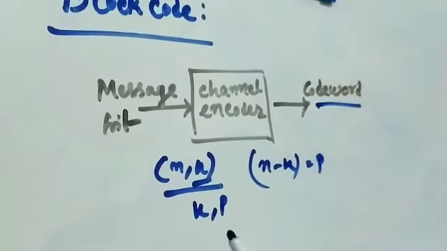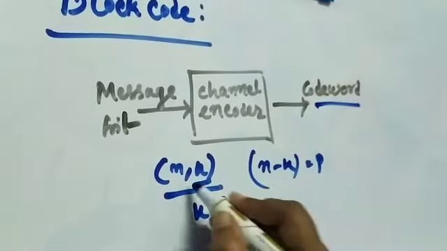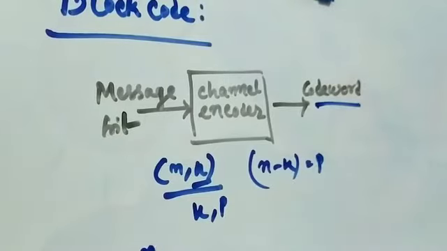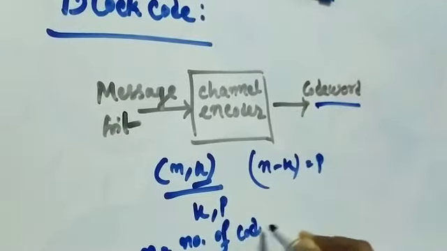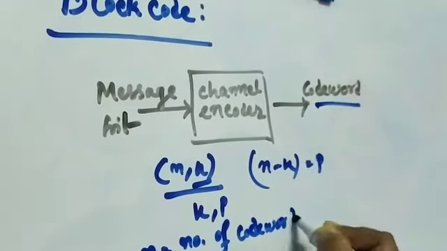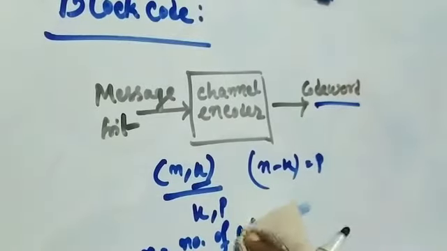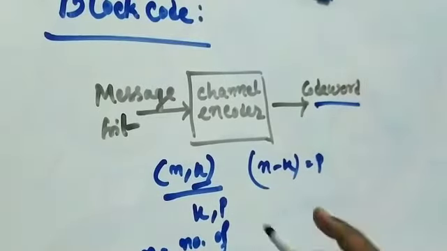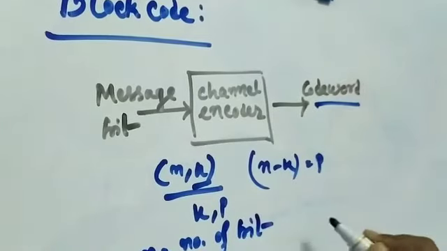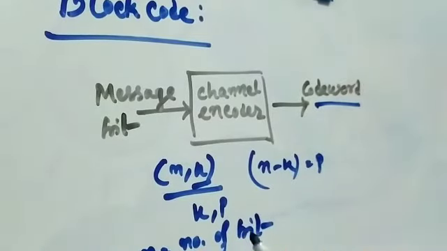So if we represent a block code by (N, K), N equals the number of bits present in each code word. Suppose a block code consists of 10 code words.